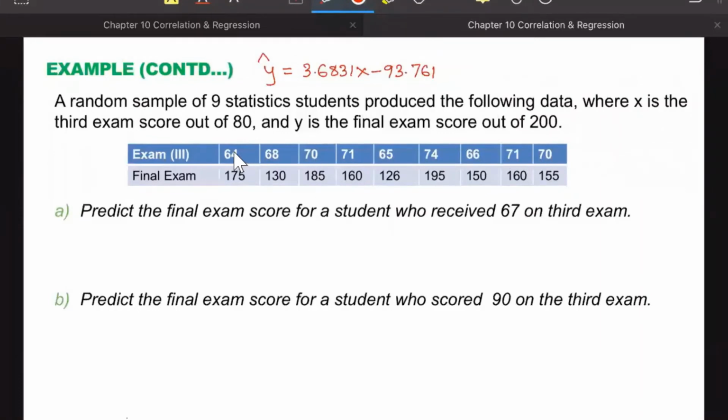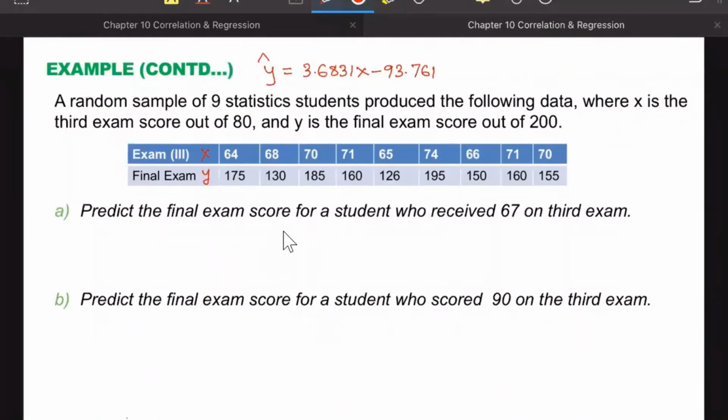So what we are doing is, if their score was 67, what would be the final exam score? You know that the third exam score is the X value, and the final exam score is the Y value. So in this equation, in place of X, we are going to plug in 67, because the third exam score is 67, and we'll predict the final exam score.